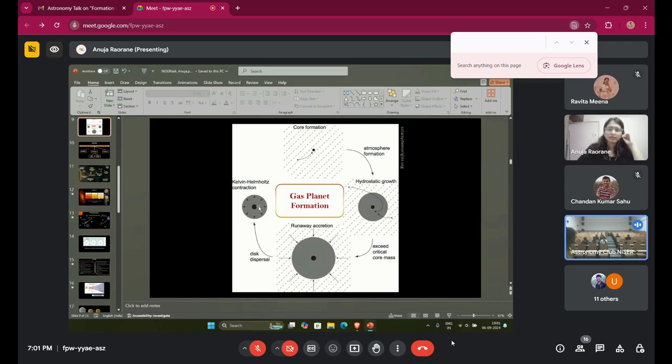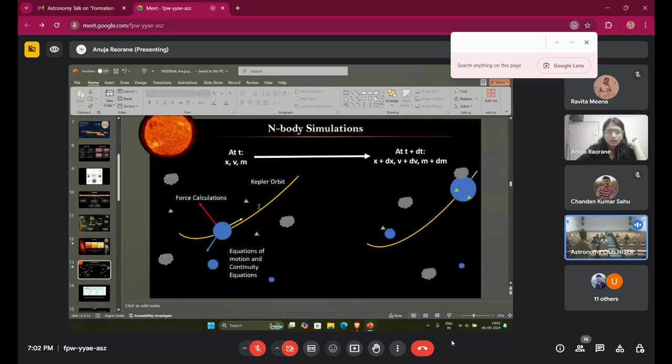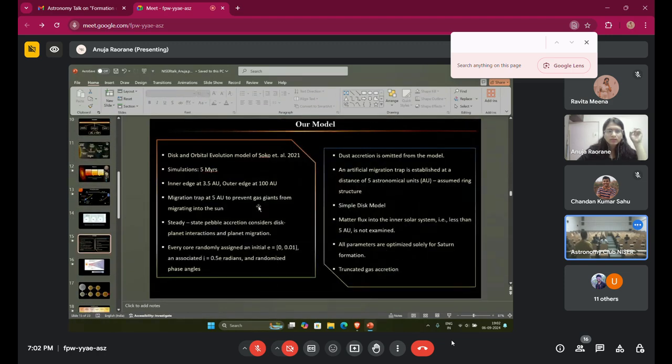And we have another question. My question is that she mentioned that there is a migration trap in the simulation at 5 astronomical units. What exactly is a migration trap? And she also mentioned a lambda, which is the total number of planets upon the total number of suns. What were the experimental findings, like, what was lambda? So, your name, sorry.